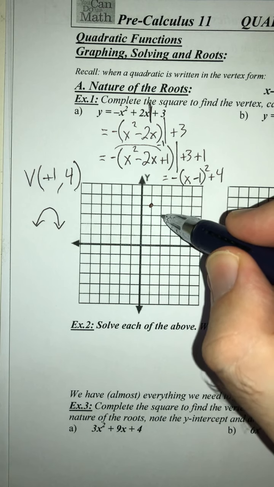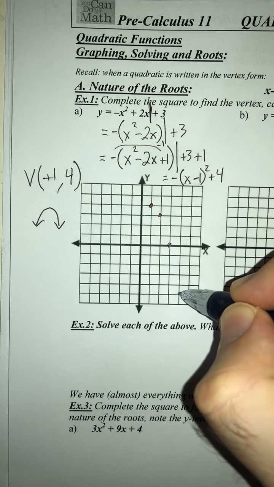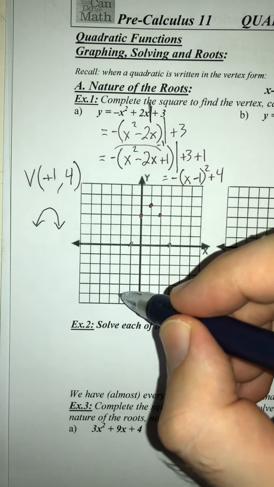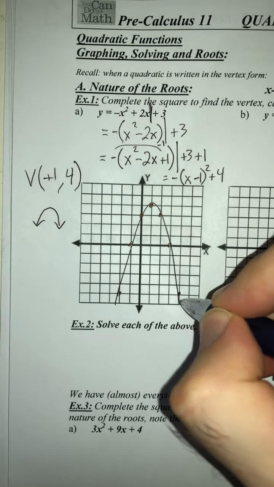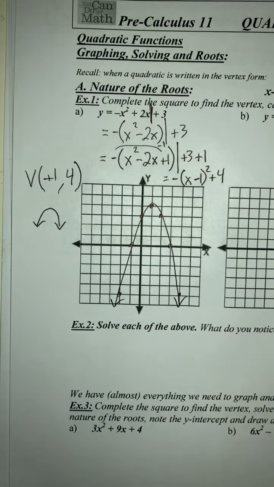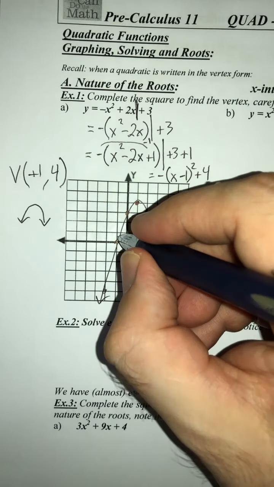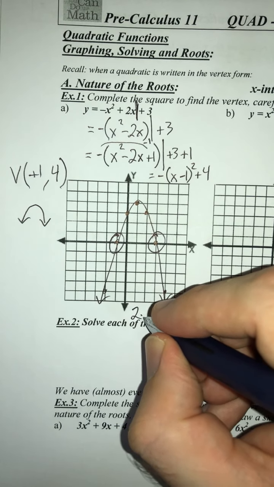So I can go out 1, down 1, out 1, down 3, out 1, down 5. Same thing, other way, 1, 3, 5. Here is my parabola. So it's asking us to look at the roots. So looking at this, I've got 1, 2, so we've got 2 roots.